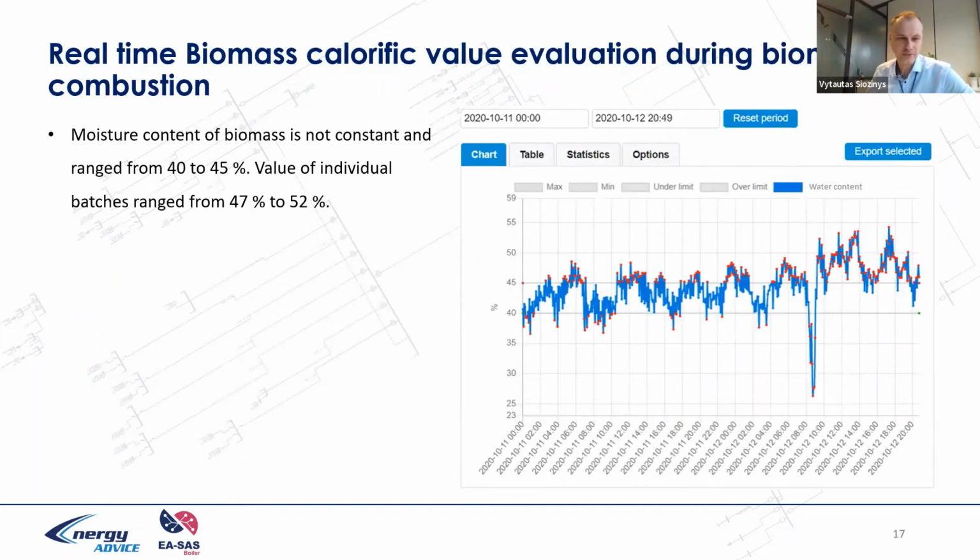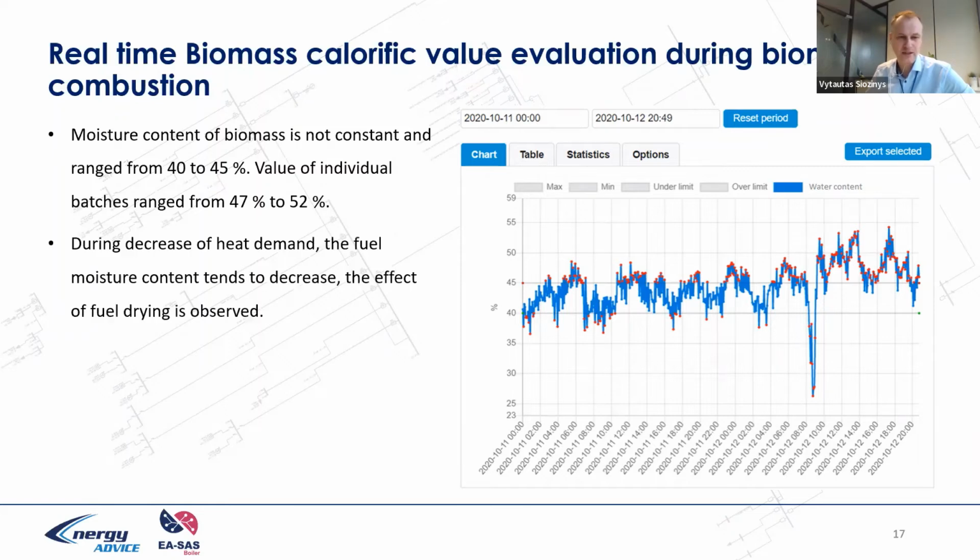Our technological benefit is that we can calculate in real time the water content inside biomass fuel. As you can see here, it is over 1 day, from October 11th till October 12th. You can see that the water content in the fuel is changing.